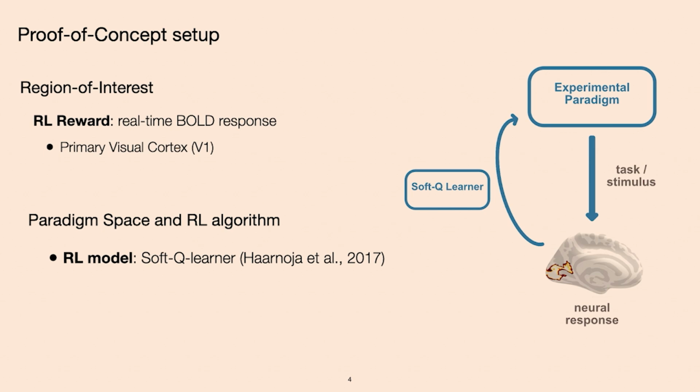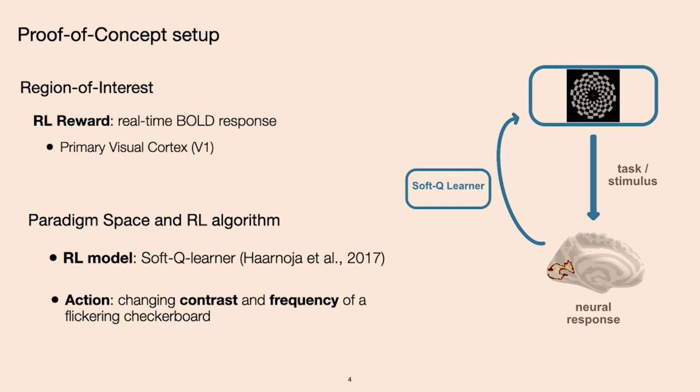And what this does is just change the contrast and the frequency of a flickering checkerboard. So here our paradigm space is just given by all the possible combinations of contrast and frequency. This loop you see in the images continues until the reinforcement learner is able to find the right combination of contrast and frequency that maximizes the activity in the primary visual cortex. So basically, it has to figure out if it has to go toward the maximal contrast and optimize the frequency for each participant.